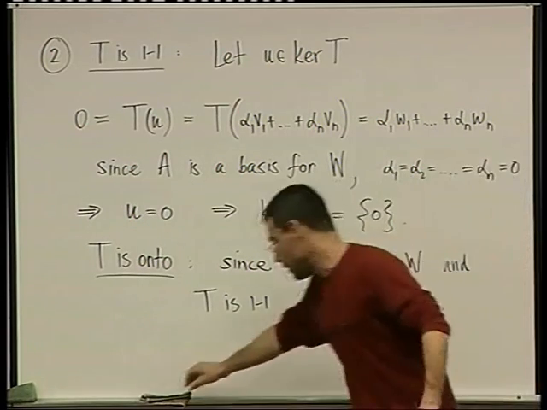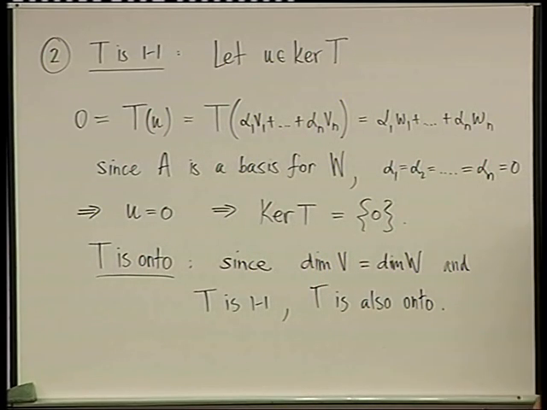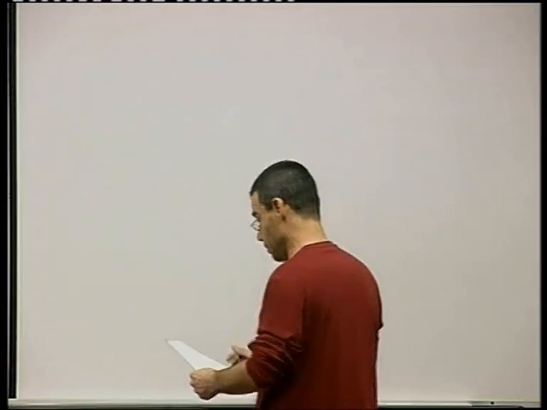Let's prove part 3. So part 3 is the claim that the way T is defined, as sending the linear combination of a given basis to the same linear combination of any chosen subset of the range, is the unique map that sends the Vi's to the Wi's. Okay, so let's prove that.